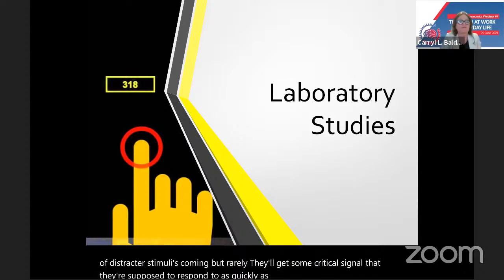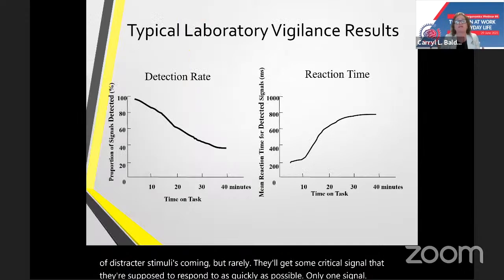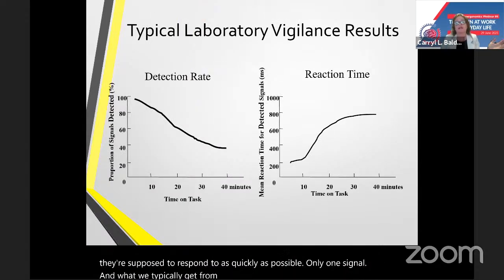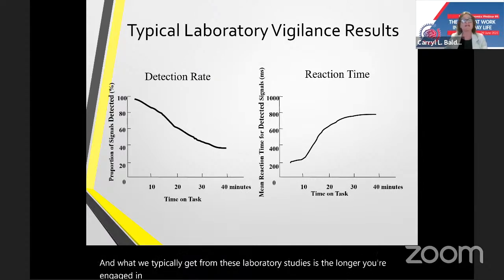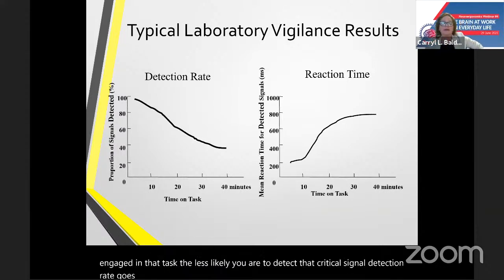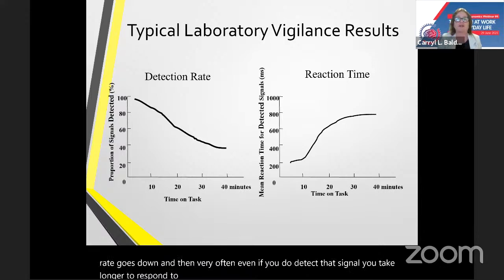Only one signal. And what we typically get from these laboratory studies is the longer you're engaged in that task, the less likely you are to detect that critical signal. So detection rate goes down. And very often, even if you do detect that signal, you take longer to respond to it. So your response or reaction time goes up. Typical laboratory vigilance results.